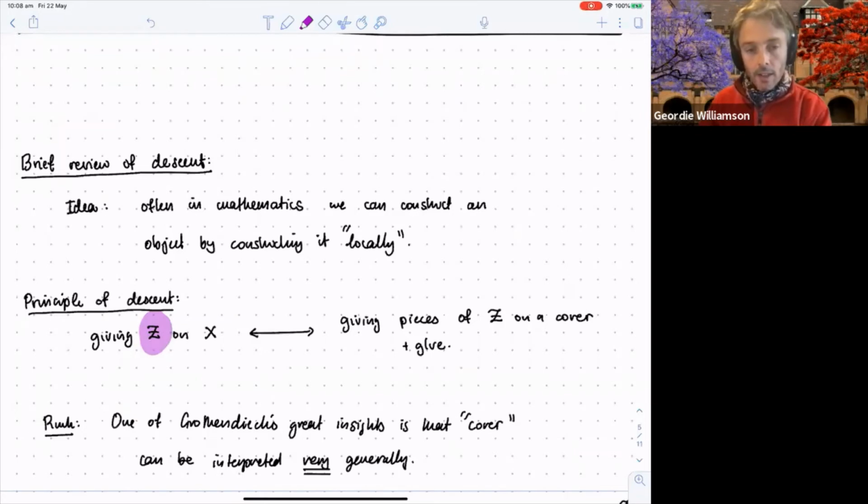And this is a very familiar notion to mathematicians for a very long time, but one of Grothendieck's extraordinary insights is that this notion of what it means to cover X can be interpreted extremely generally.